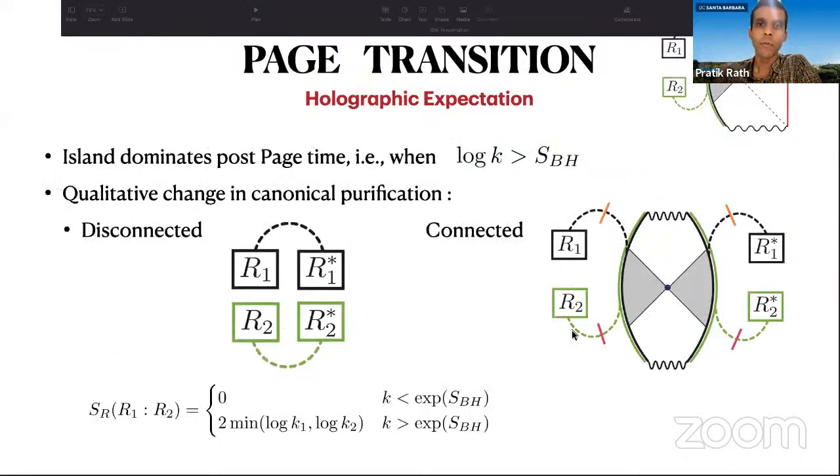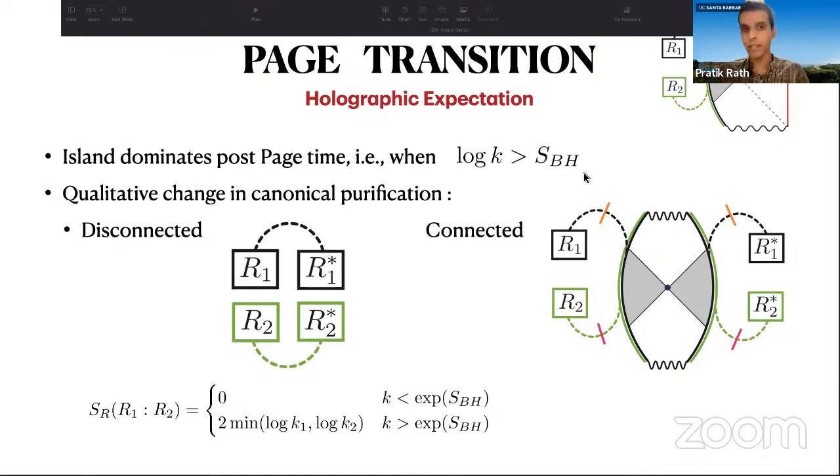Okay, so now in this model, the Page transition is basically the fact that we can tune the parameters that denote the amount of entanglement between the radiation and the end-of-the-world brane, which is this log K, to be more or less than the black hole entropy. When it's more than the black hole entropy, this is what we indicate as post the Page time.